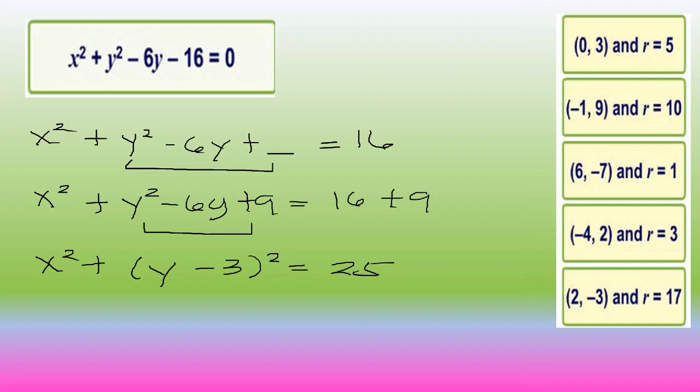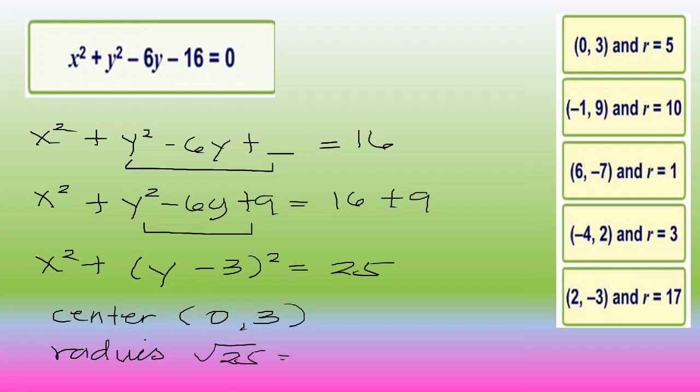So here we have the center, which has 0, comma, get the opposite of negative 3, that's 3. And the radius is the square root of 25, that is equal to 5. So that is our fourth choice.